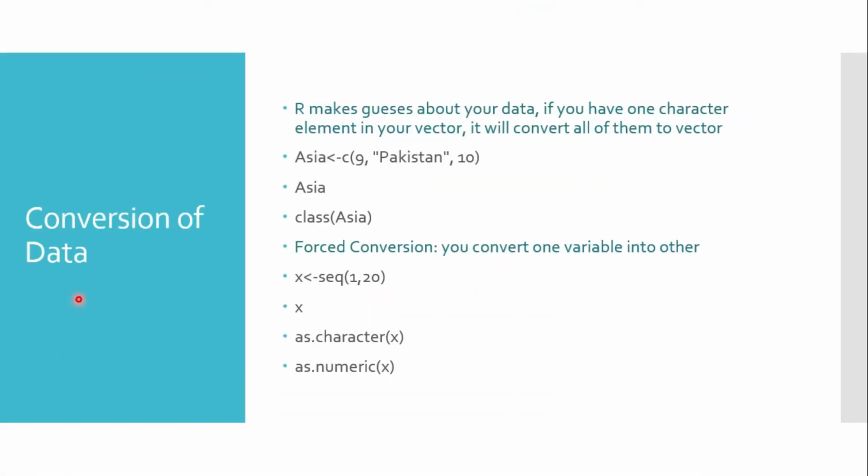The next very important topic in R is conversion of data from one type to another. If you enter the data in R for the first time, R makes some guesses about the data.